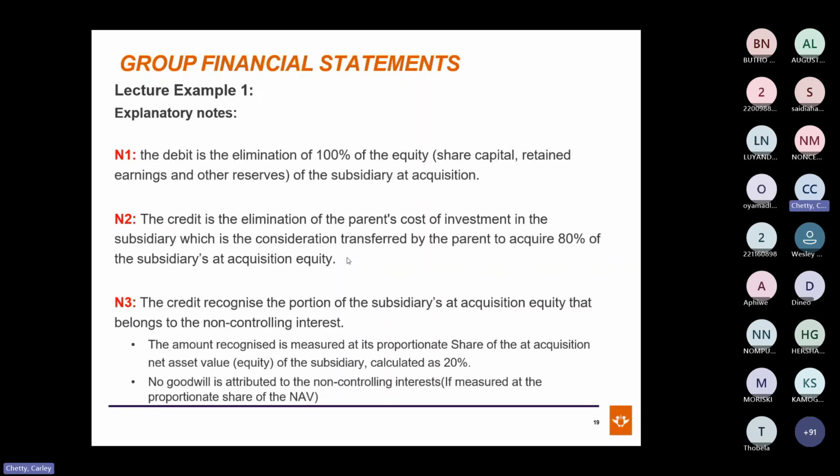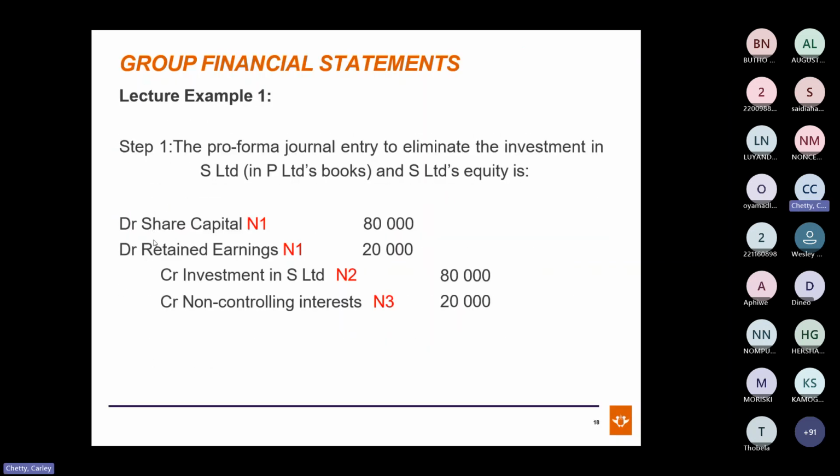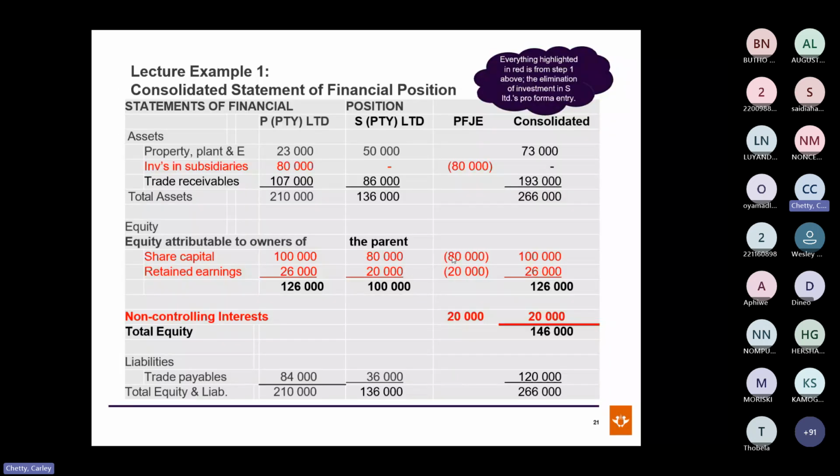If we go back to the slides, remember we debited share capital and debited retained earnings. So this is our pro forma journal entry. So now we are putting that in our consolidated statement of financial position here to get the final figure. So we're saying we debited share capital with 80,000, which essentially cancelled out S's share capital.